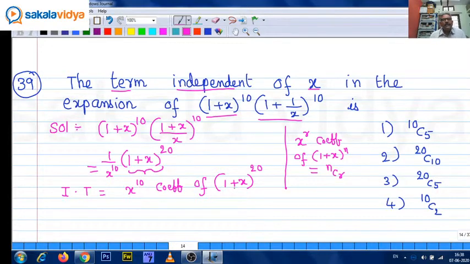Similarly, the coefficient of x^10 in (1+x)^20 is 20C10. The 20C10 will be the independent term of this expansion. So second option is the right option.